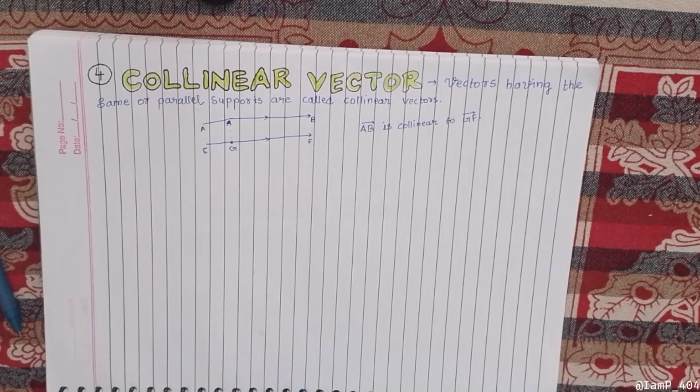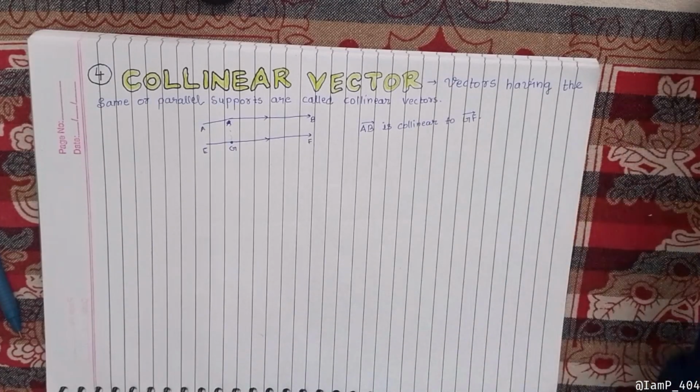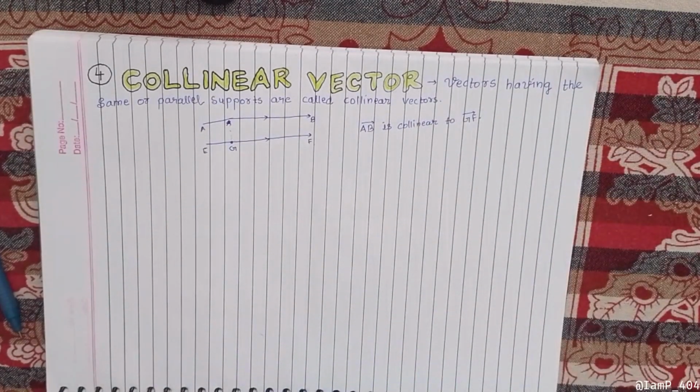Let's move ahead to our next vectors. Today I'm thinking that I'm going to finish all of this. Let's go ahead. The types of vectors are very important to learn because when we jump into exercises, we must remember what type of vector it is.